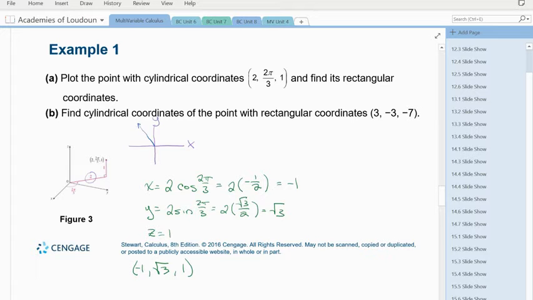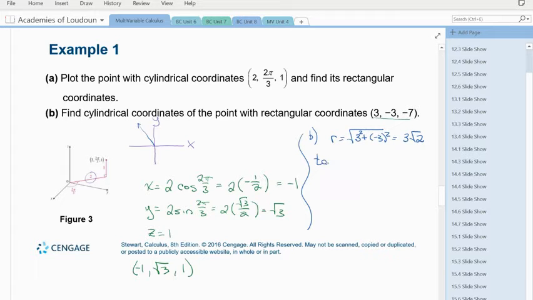For part B, we're looking for the cylindrical coordinates. So we know then that r is going to be the square root of 3 squared plus negative 3 squared, which will then be 3 square root of 2.